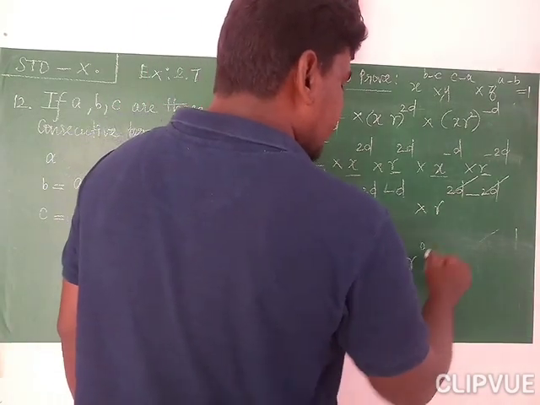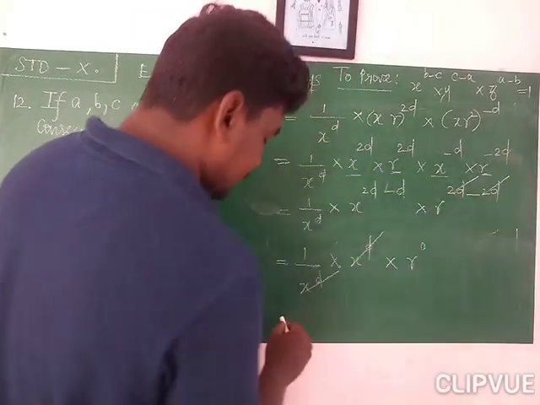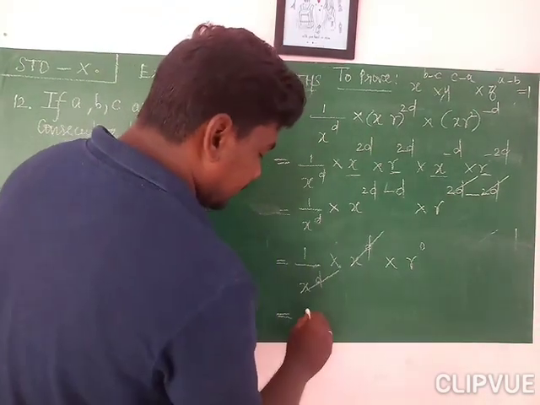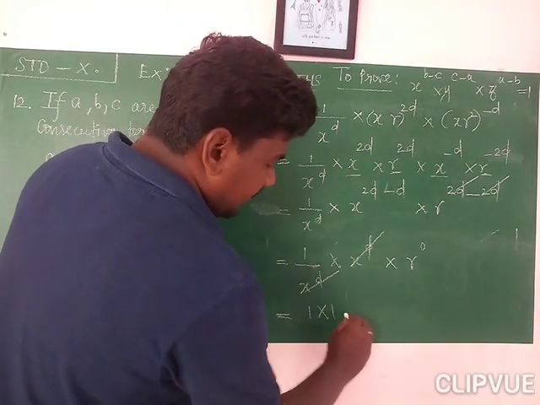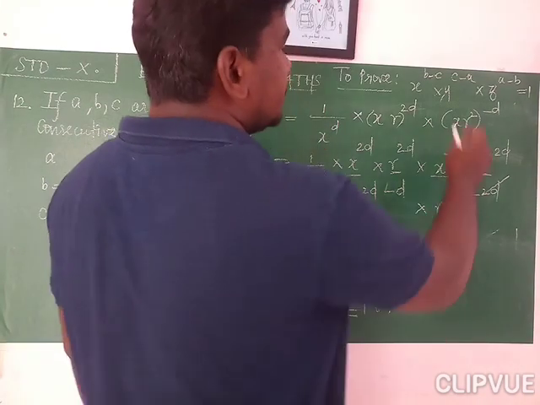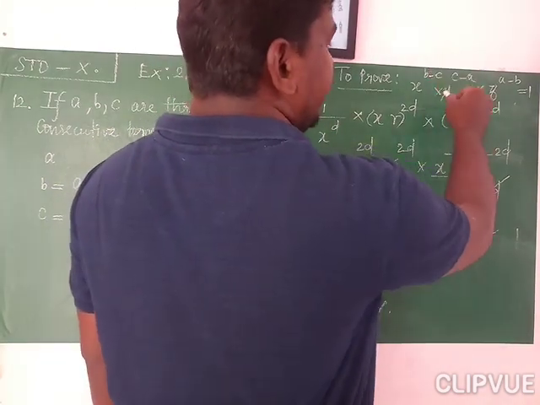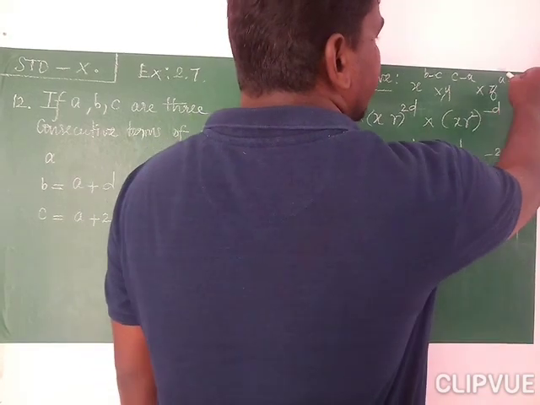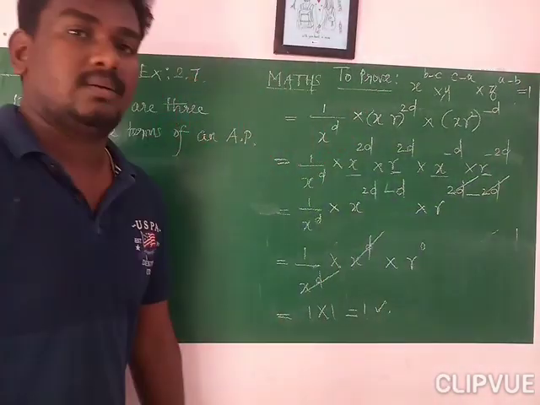R power 2D minus 2D is R power 0, and anything power 0 is 1. So 1 into 1 is equal to 1. Hence X power B minus C into Y power C minus A into Z power A minus B gives 1. Hence proved.